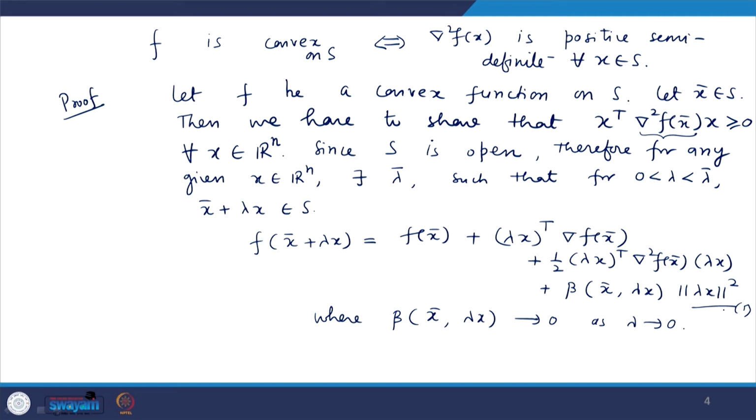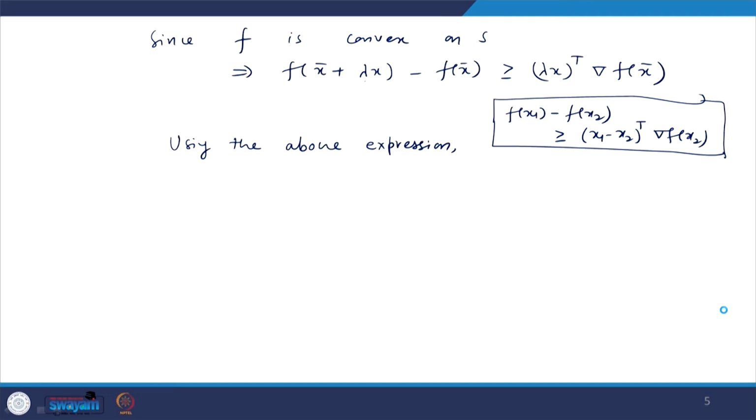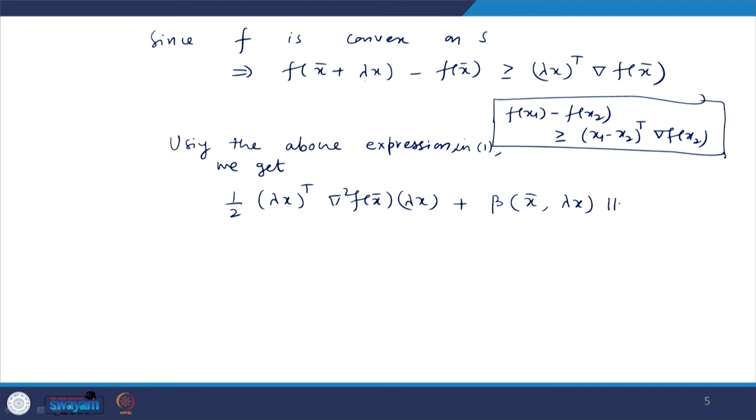So, using this expression 1, we get 1 by 2 lambda x transpose gradient square f x bar lambda x plus beta x bar lambda x norm of lambda x whole square is greater than or equal to 0.